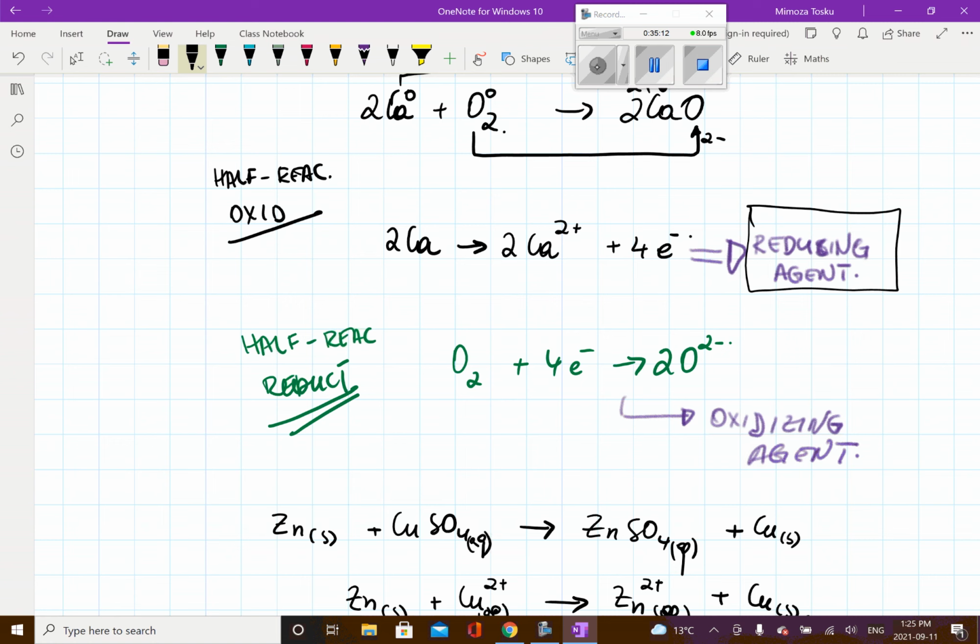Okay, the agent is endorsing the reducing, and when we have the half reaction reduction, the electrons are on the reactant side, and the oxygen in this case is known as the oxidizing agent because it is endorsing the oxidation.